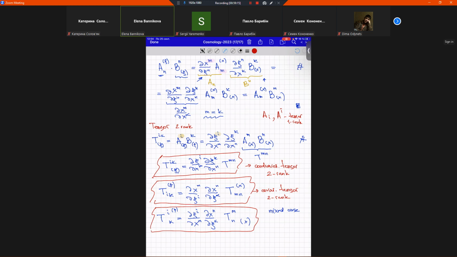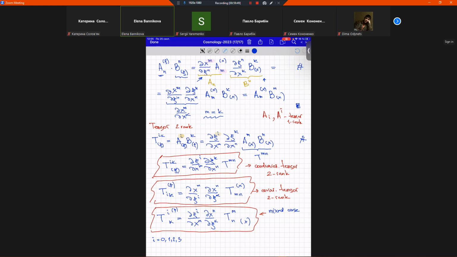For example, we understand that if we have index i, let's put index i: 0, 1, 2, 3, so together 4. For a tensor of the second rank, how many components will we have?